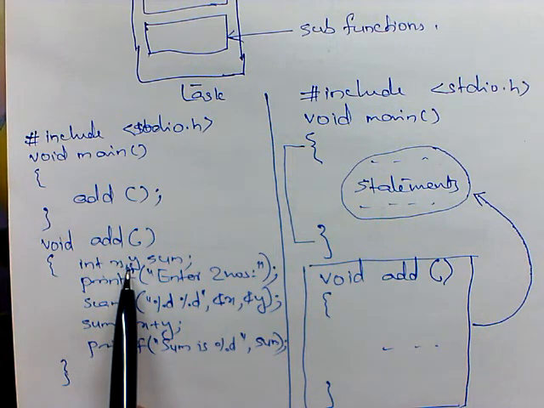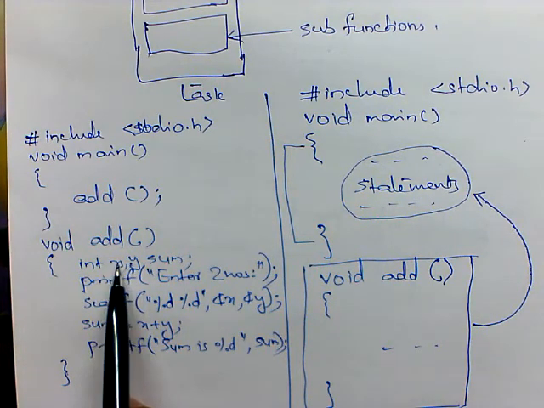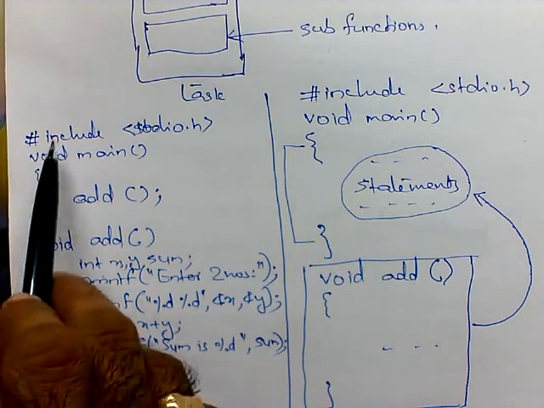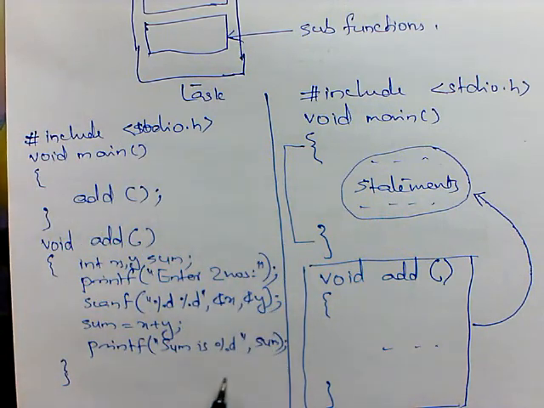We are reading values for these two variables through the keyboard. Sum equal to x plus y is the main thing that we want to do. Then we are printing the sum. Now this is the full program to add two numbers. Now we will see another one.